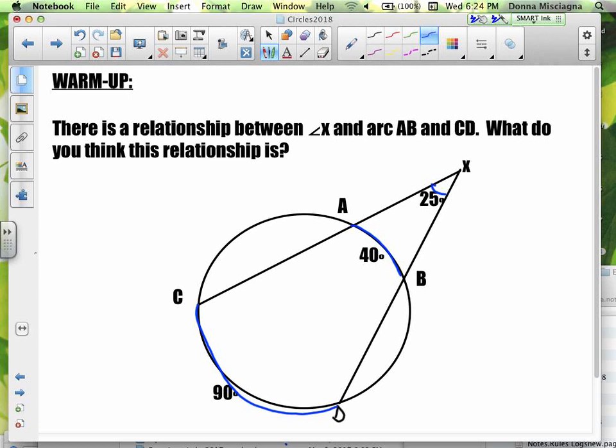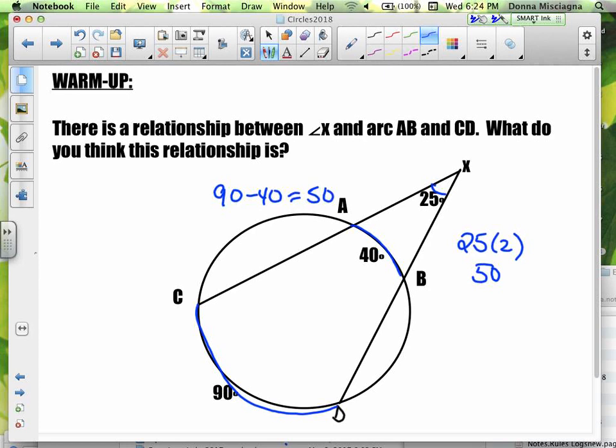All right, so welcome back. Let's see. Well, what if we were to multiply 25 times 2? Gee, that would give us 50. What if I were to subtract 90 minus 40?